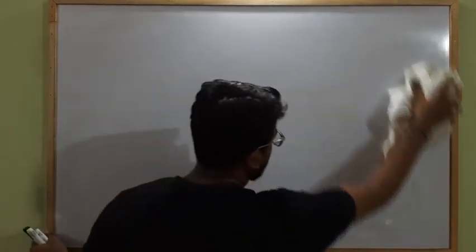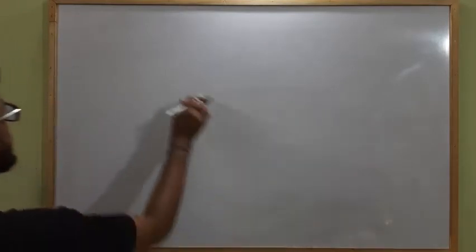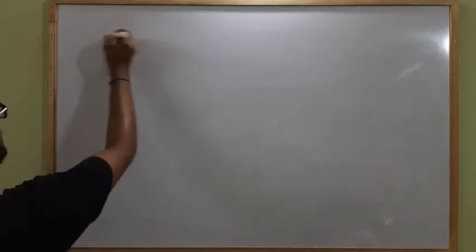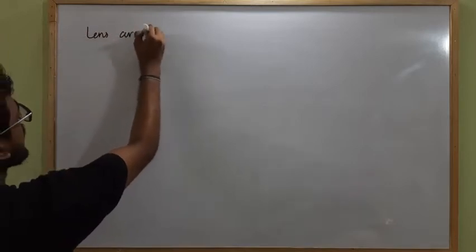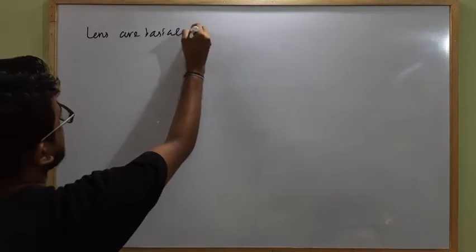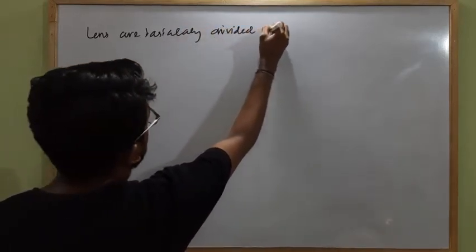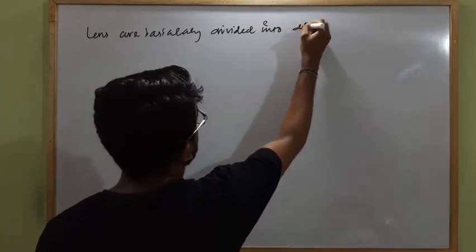So next we are going to discuss what are the different conditions of incident rays and refracted rays through a lens. So basically we know lenses are divided into different types.